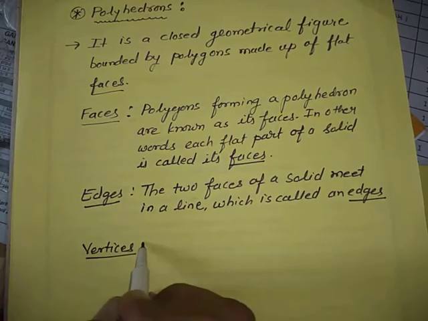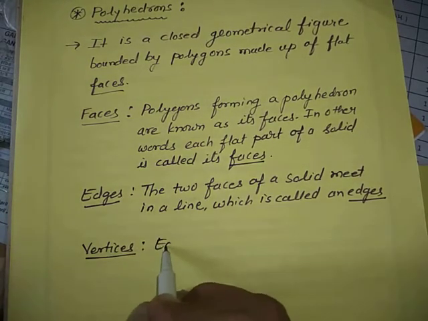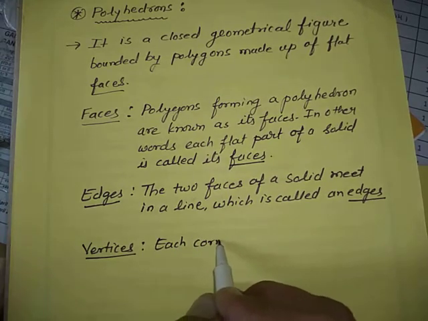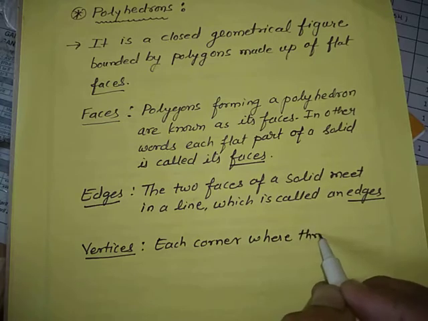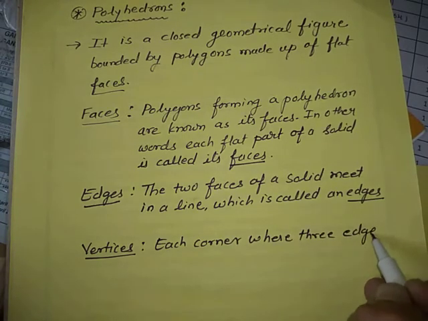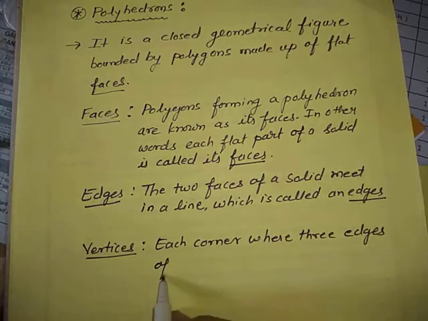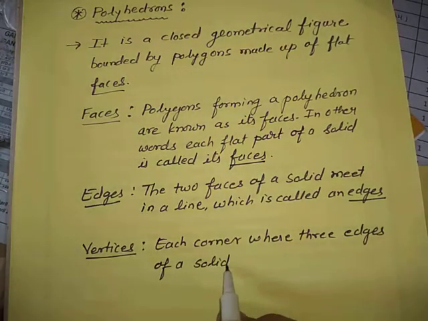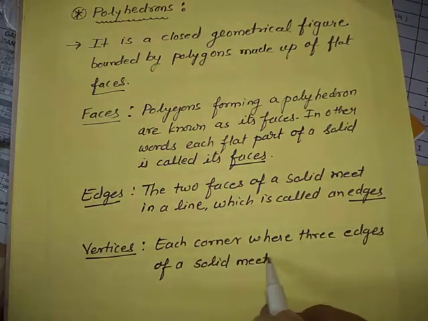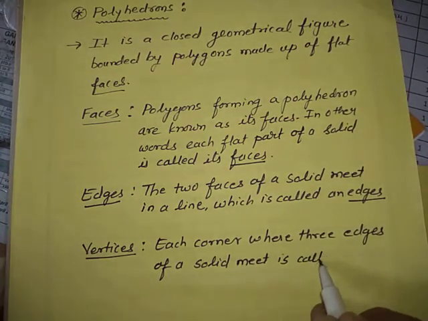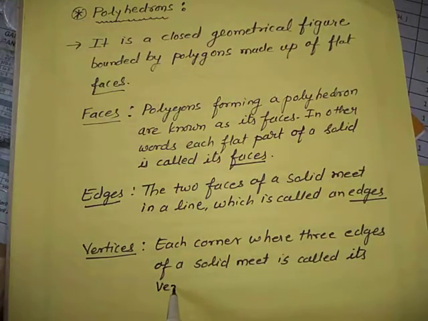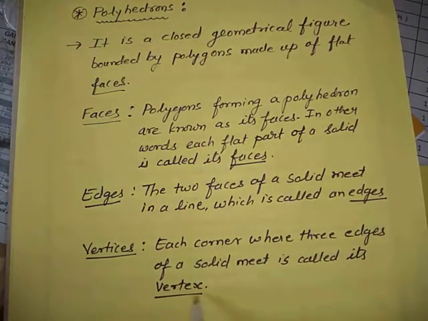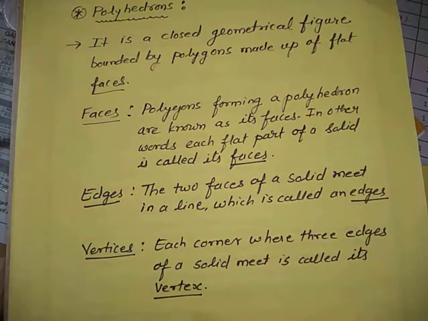So each corner where three edges of a solid meet is called its vertex. So these definitions can be helpful to you in MCQs also.